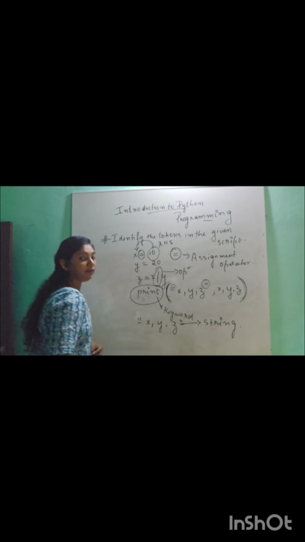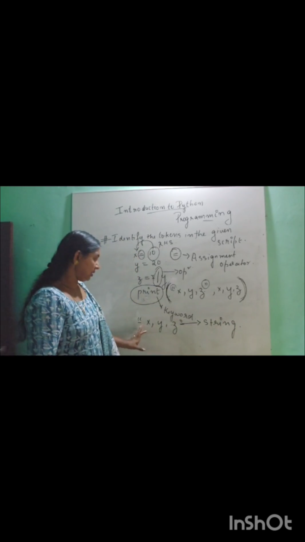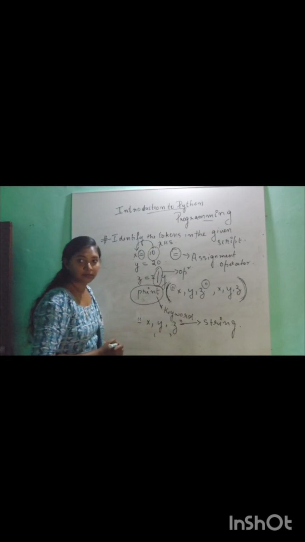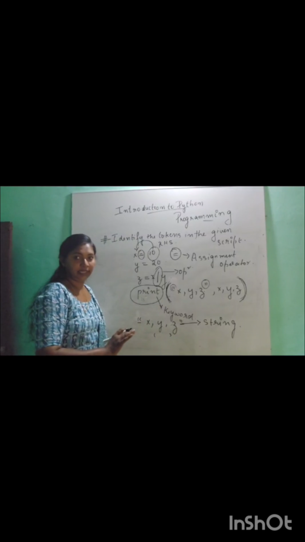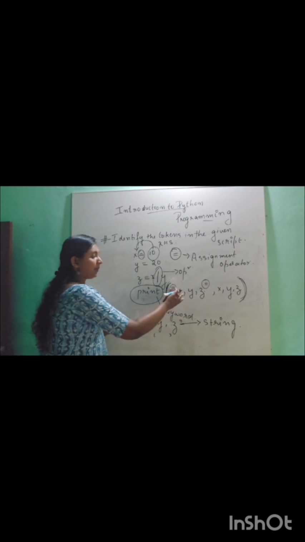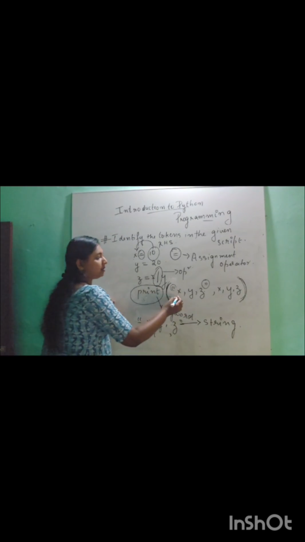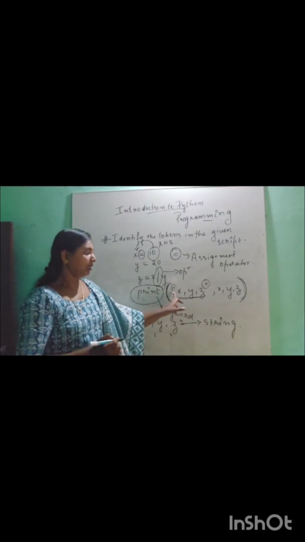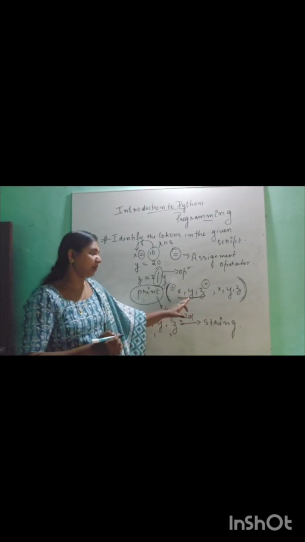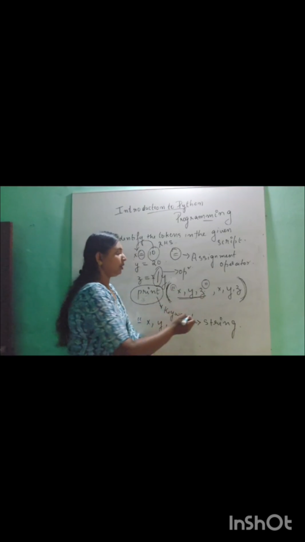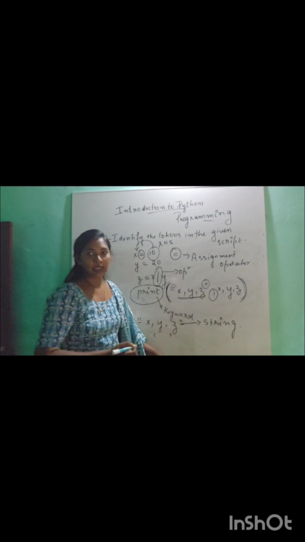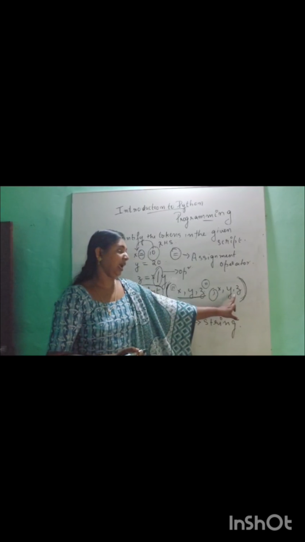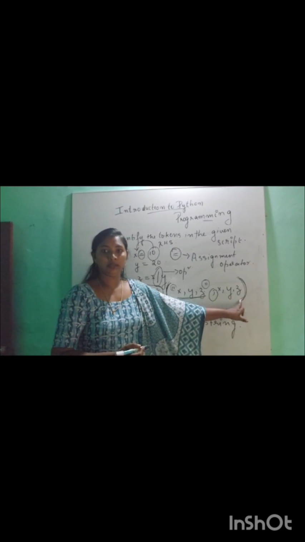A string is anything that is enclosed in double or single inverted commas. This is printed as it is. That is, the Python interpreter cannot interpret this statement; it just prints it as it is. Then one comma is there. This is also a delimiter. After this comma, you have given x, y and z. So these are all variable names.